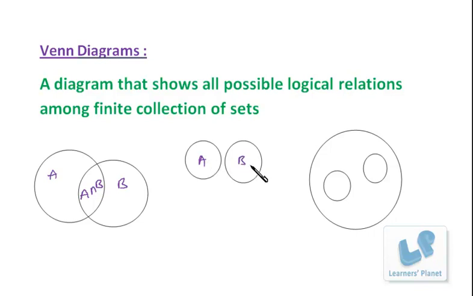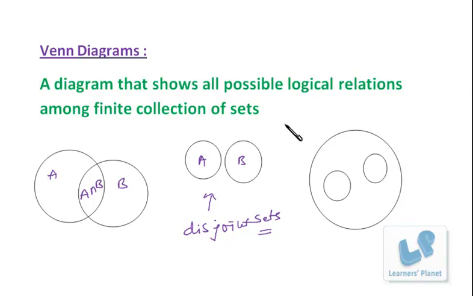Similarly, this is a Venn diagram that is showing the relationship between A and B. Here A and B are disjoint sets. That means no elements are common between A and B. So these are disjoint sets, right? Now this Venn diagram, this is a superset and these are two sets inside this set, right?